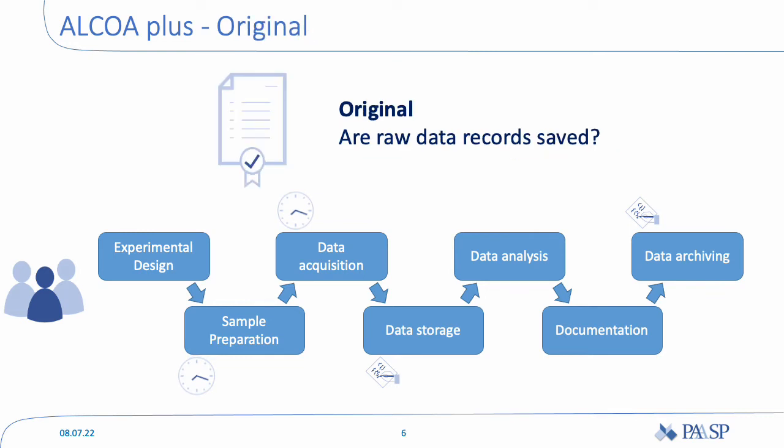The O in ALCOA stands for Original and asks whether all research data are saved in the original format. Meaning, are the raw data saved in the exact same way as recorded, and in a way that cannot be altered?